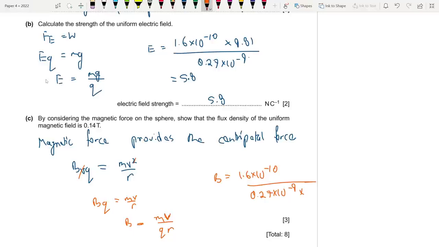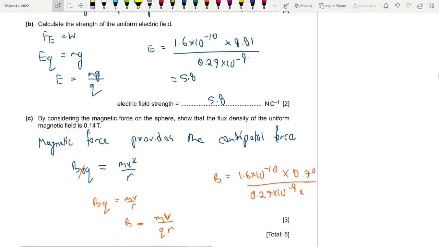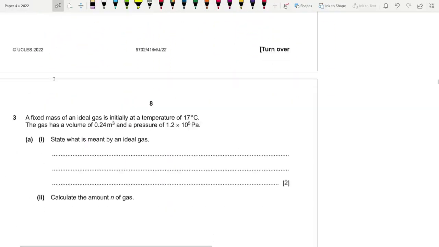So the numerator should be 1.6 × 10^-10 × 0.78. Yeah, this should be 0.34. Okay, let's go for it. 1.6 × 10^-10 × 0.78. All right, we're getting 0.14 Tesla, shown. Great. That's all for question 2.